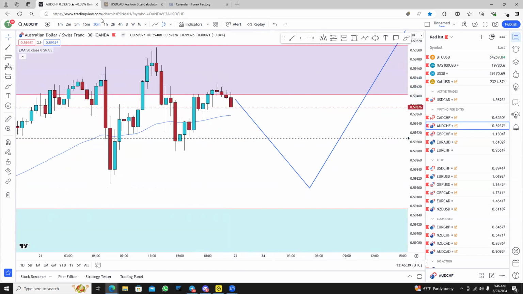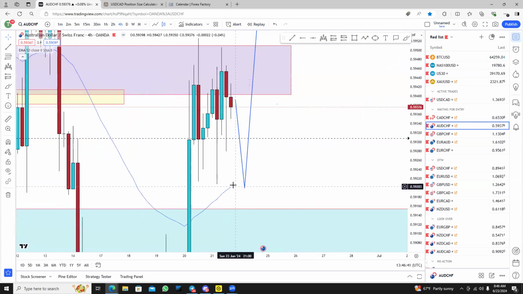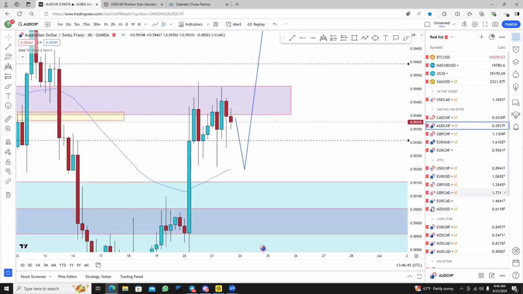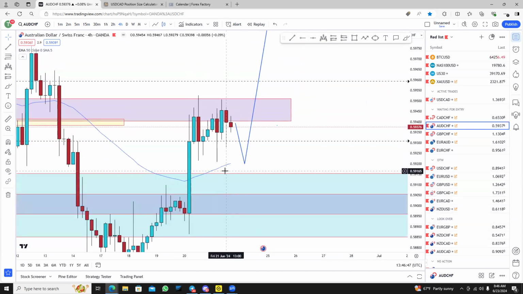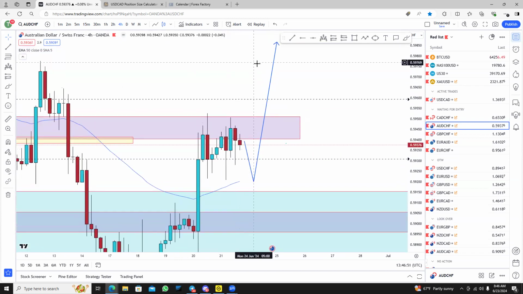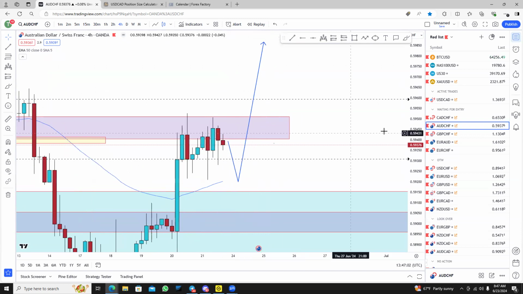We're waiting for it to come back into our 4-hour EMA. We're not looking for a close down here. We're looking for potentially to see this go up, come back down, to raise that 4-hour up into this area. You want to see it come up into here. And then we'll take this thing long.